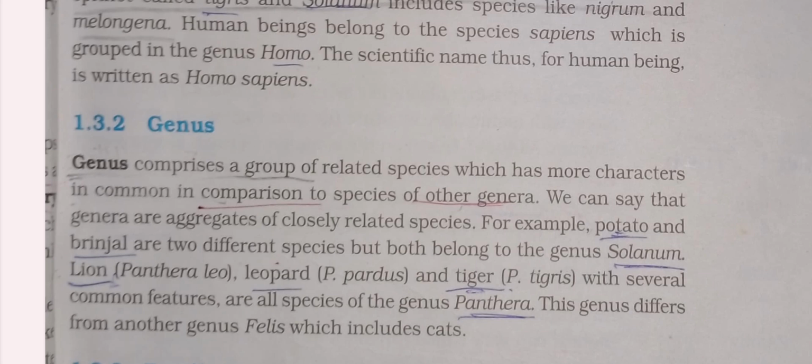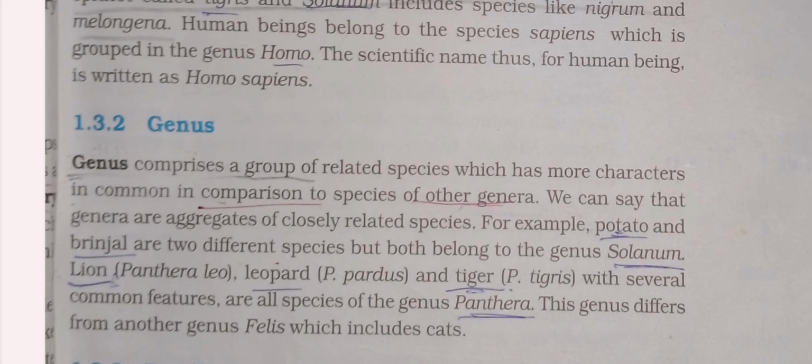That means one genus is different from another genus, like class 10 is different from class 9. Potato and brinjal are two different species. They are two different vegetables, but they belong to the same genus, that is Solanum. Like that, lion, leopard and tiger are three different species, specific epithets, but they belong to one genus, that is Panthera. Panthera leo, Panthera pardus, Panthera tigris.